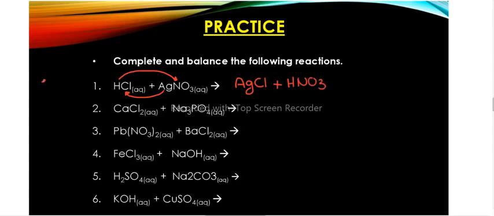It is already balanced. Now the calcium will react with the phosphate. The sodium will react with the chlorine. So this will form Ca, and I'm going to open brackets. Since the calcium will be reacted with the phosphate, it's a 3, and the PO4 is multiplied by 2, plus the NaCl.